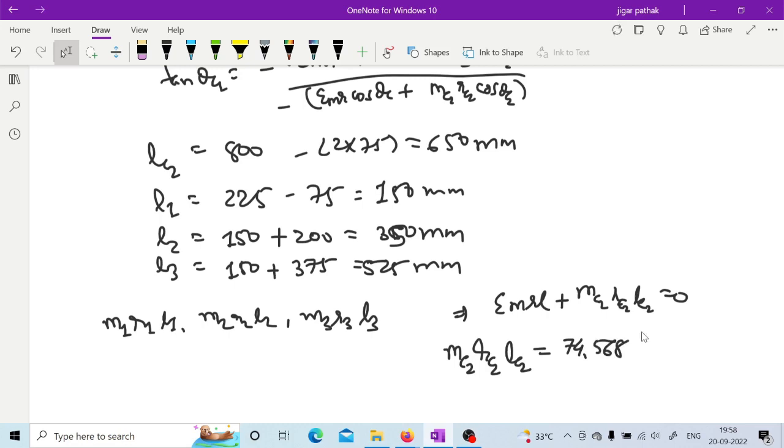They have provided RC2 as 40 in the problem statement, and LC2 you have calculated as 650. So you can calculate MC2, and that will be 2.868 kg, something like that.